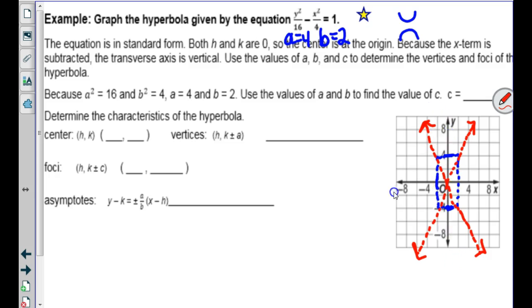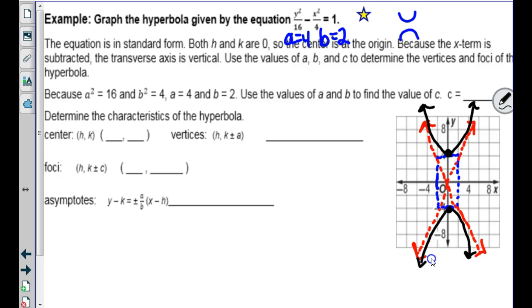Top and bottom, or left and right? Yes, because the y squared was first, they go top and bottom. So they look like this. The vertex is the very top of the middle of the box there. That's part of the hyperbola. And then this is the rest of the hyperbola down here. Okay, mine are very pointy. They're not supposed to be very pointy. Sorry.